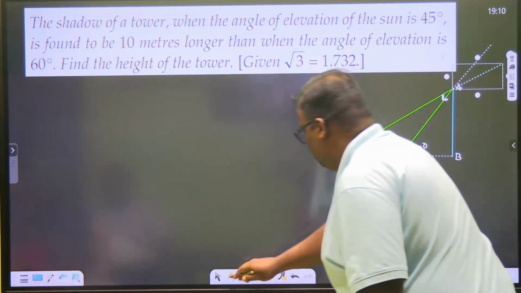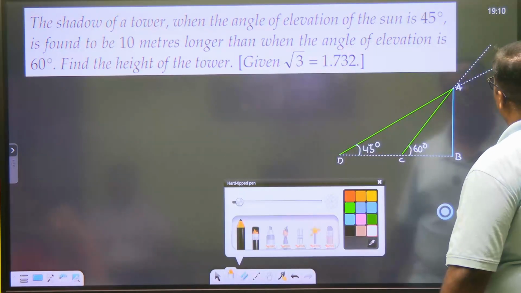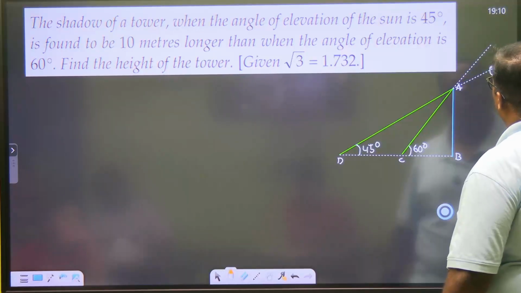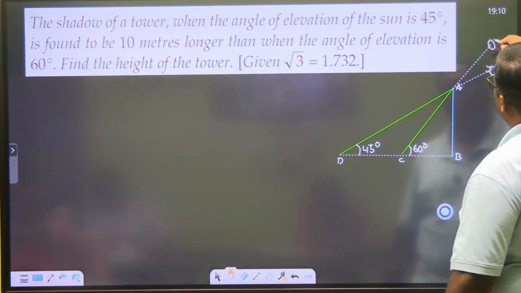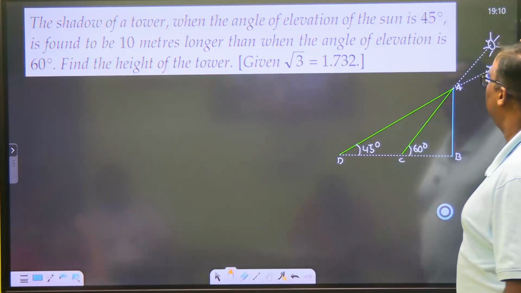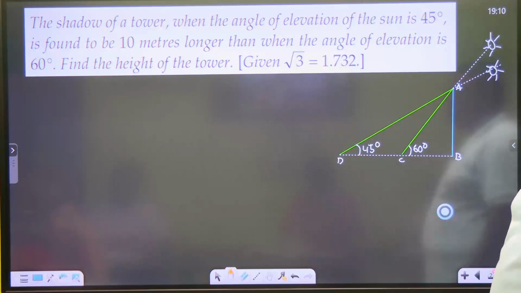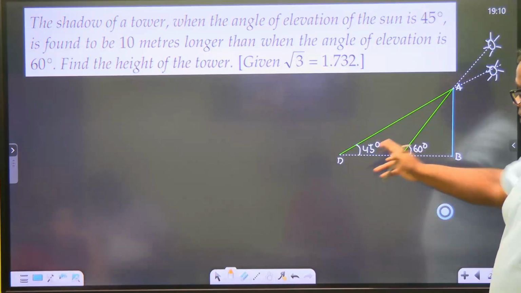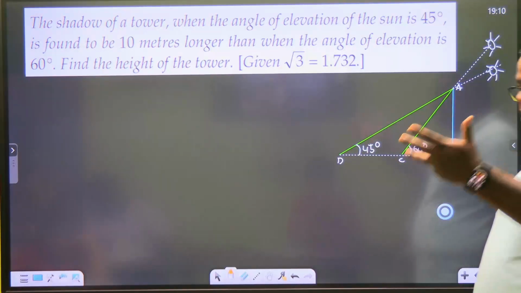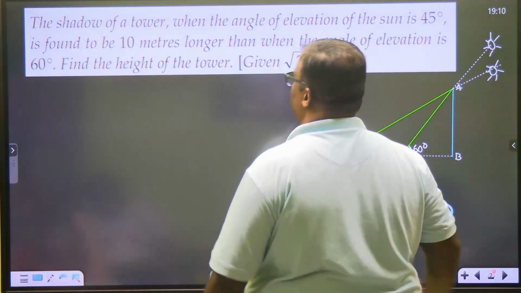The sun initially at 45 degrees here, and then the sun has gone here. Right? As the sun takes a higher altitude, the shadow size will decrease. So the shadow is decreased. However, the 45 degree shadow is 10 meters longer. That means this much portion is 10 meters.